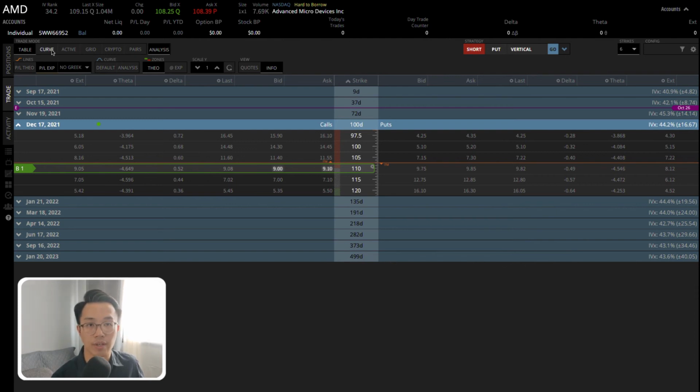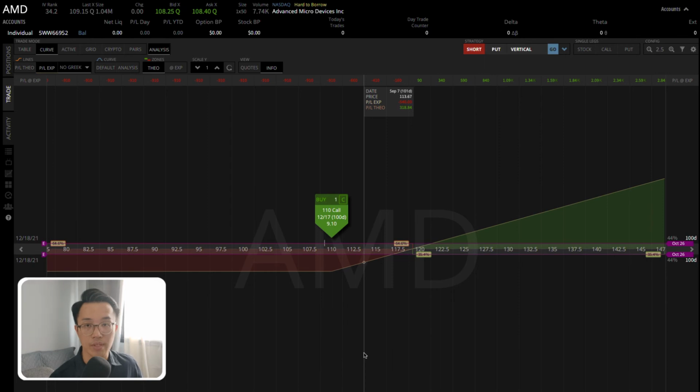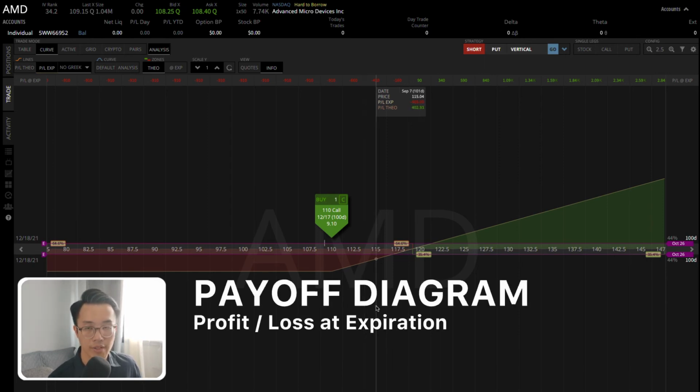We can come over to the curve tab. What we see here is what is known as the options payoff diagram. This shows us what profit or loss we can make from the trade based on where the share price is when the option contract expires.